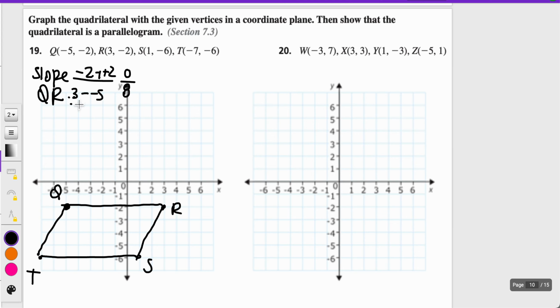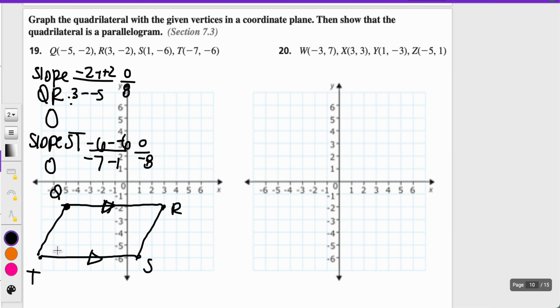So QR has a slope of 0, which means the slope for ST should also be 0. And if I look at my points, -6 minus -6 and -7 minus 1, I still get 0 over -8, which is still showing me 0 as a slope. So these are parallel. Do my parallel sign. Okay. And then QT and RS have to have the same slope.